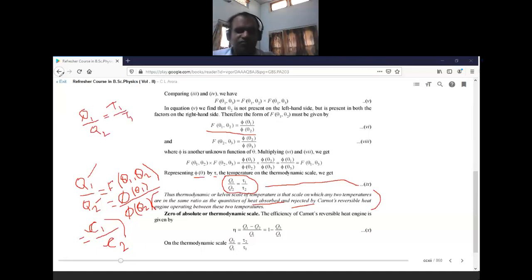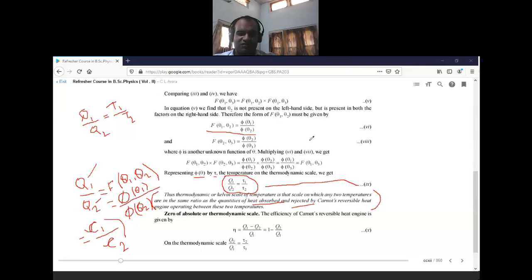But here we have done some more treatments and derivations to exactly find in what form the function should be, the parts of numerators and denominators. And this scale of temperature, represented by tau 1 and tau 2, is actually the thermodynamic scale of temperature.